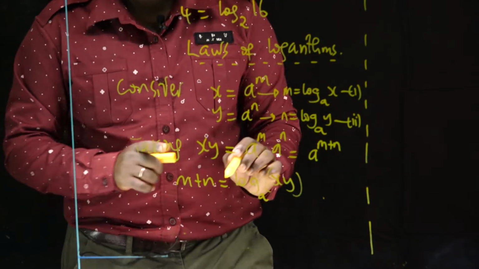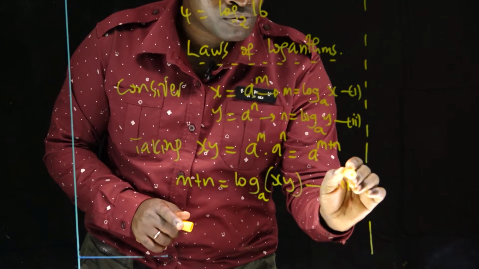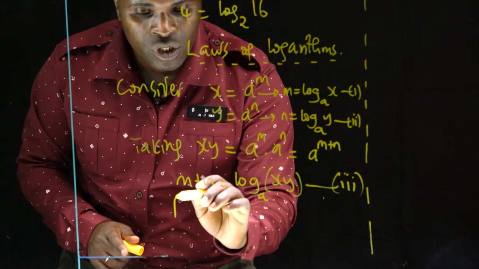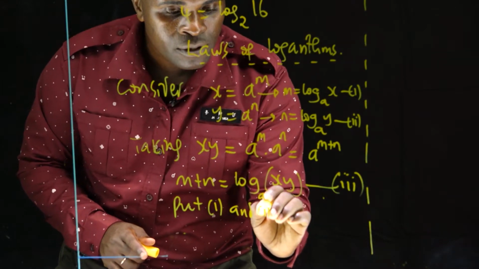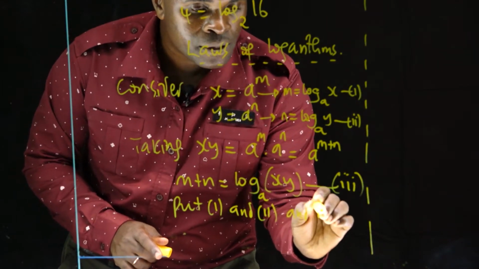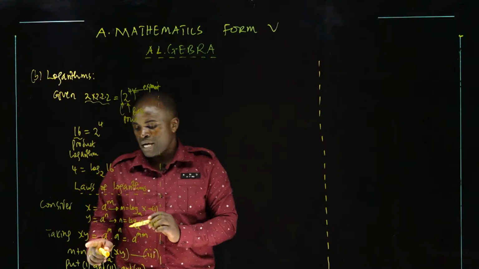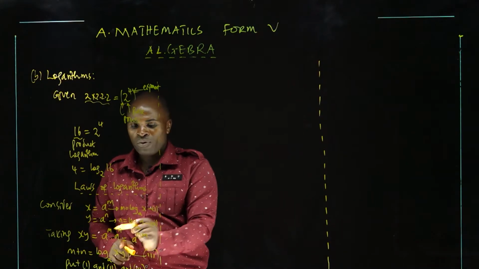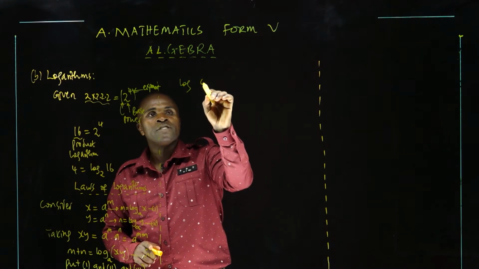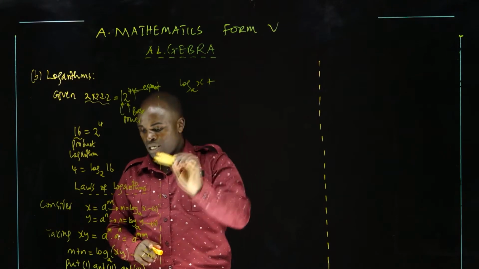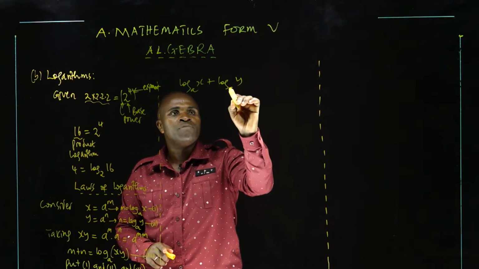But we know the value of m and n from equations 1 and 2. Let us call this equation 3, and then we put 1 and 2 in 3. Putting 1 and 2 in 3, class, it will appear as: in the place of m we write logarithm of x base a, plus in the place of n we have logarithm of y base a.